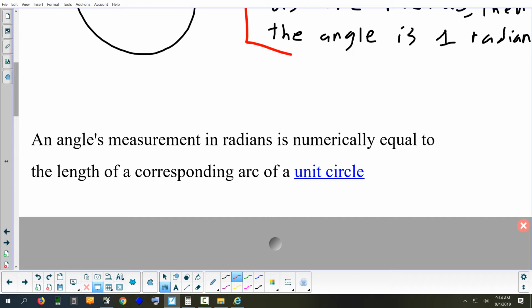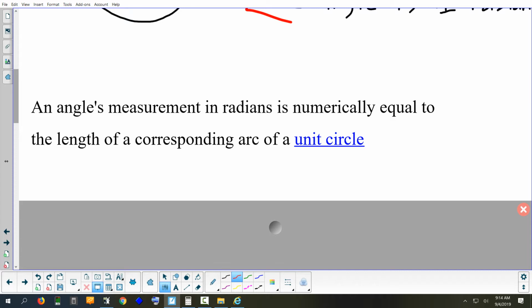An angle's measurement in radians is numerically equal to the length of the corresponding arc of a unit circle. So before I can describe the whole sentence, let's define that word, a unit circle. A unit circle is just a circle with a radius of 1. That's all a unit circle is. A circle with radius 1.